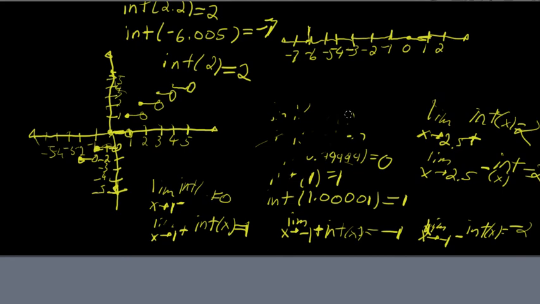Or actually, this lesson's getting a bit long. In the next lesson, we'll look at another example where we'll see that the function doesn't even have to be defined in order for the limit to exist.